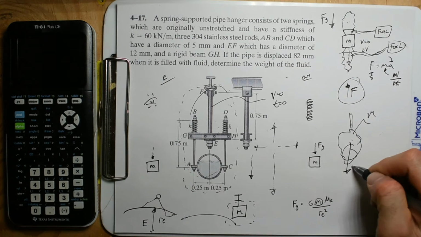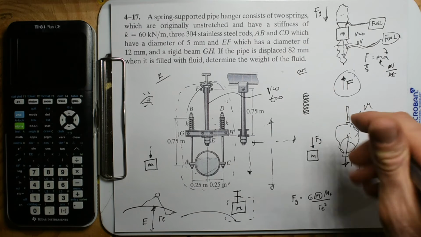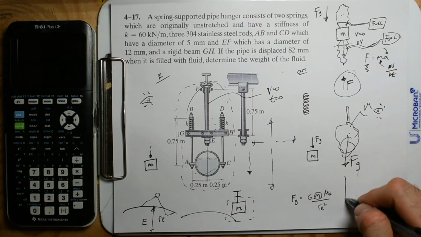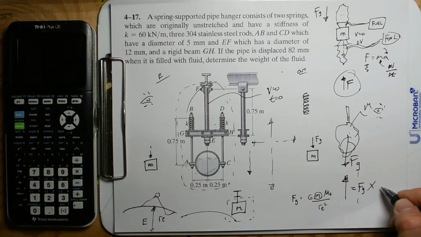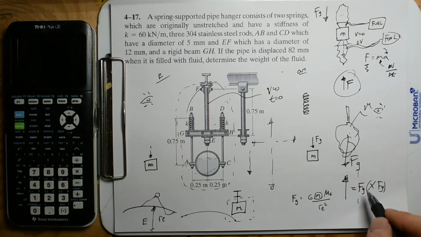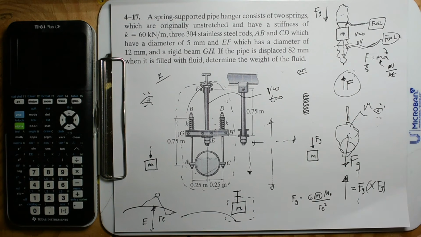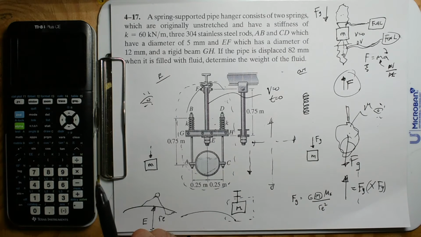I know there's going to be a force this way, equivalent to gravity, but I observe that it's not moving that way. So there has to be an equal force, something equal to the force of gravity that's not the force of gravity, and we have to figure out what that is.